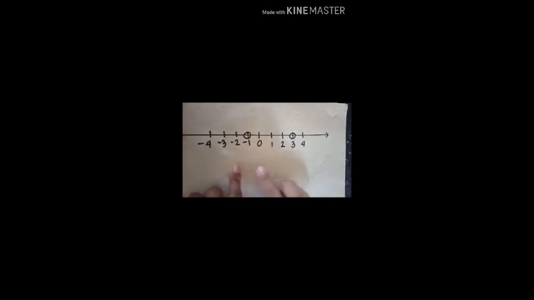Yung second region natin is the region in between negative 1 and positive 3. Then, yung third region natin is going to the right, or yung interval which is greater than positive 3. So, all the numbers going to positive infinity.